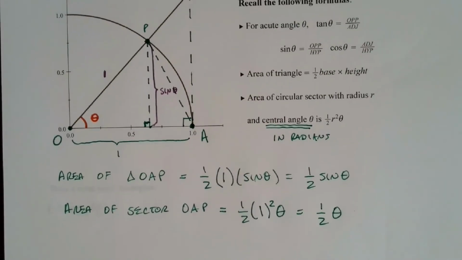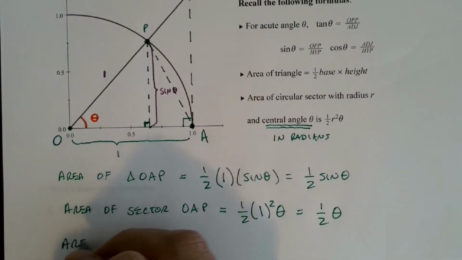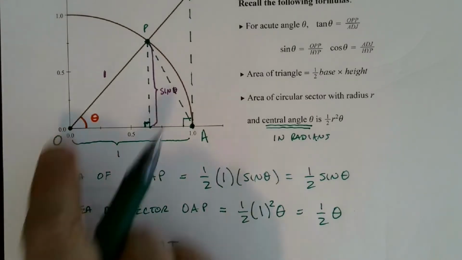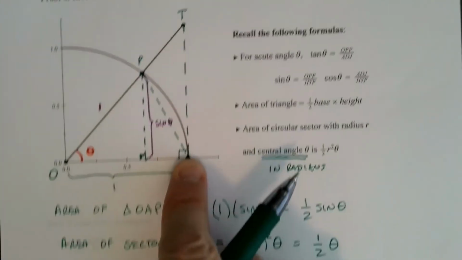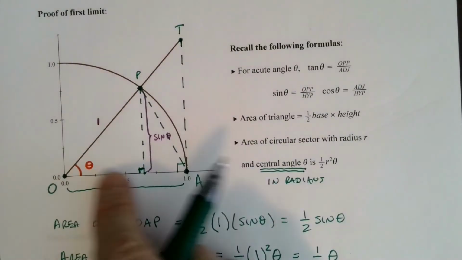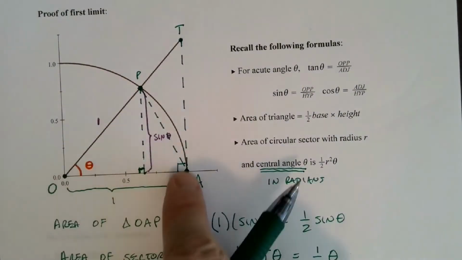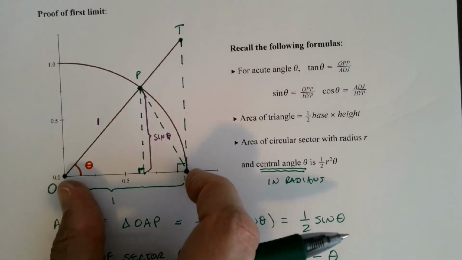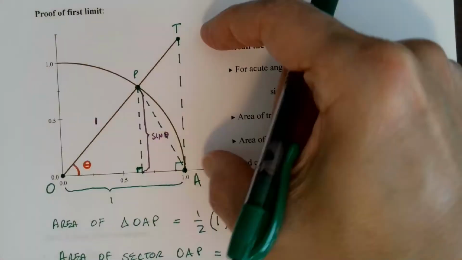The last thing I need to look at is the area of a bigger triangle, triangle OAT, okay? OAT, see that big one there? What's the area of this big triangle? Well, it's got the same base, 1/2 base times height, but what's its height?